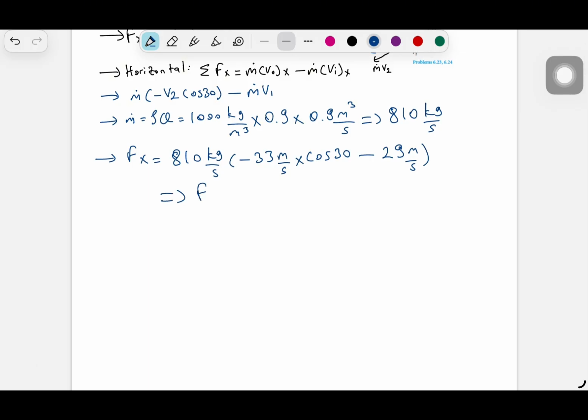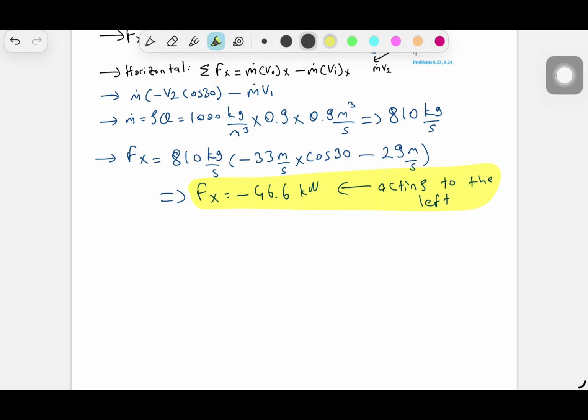And from here, we can get Fx equal to minus 46.6 kilonewton. So this means the force is acting to the left. This is the first finding from this question.